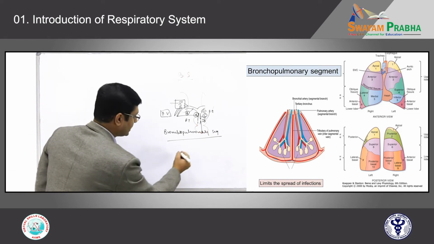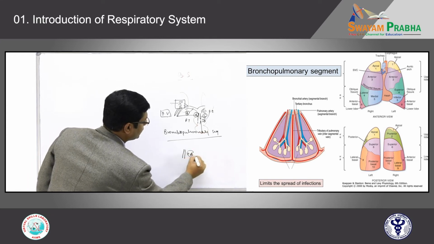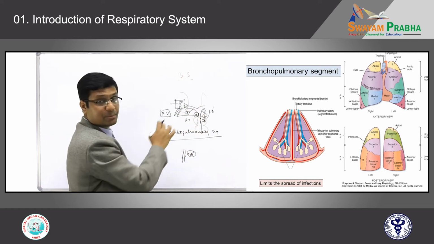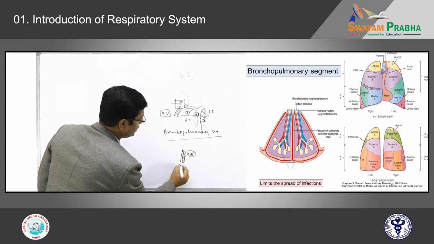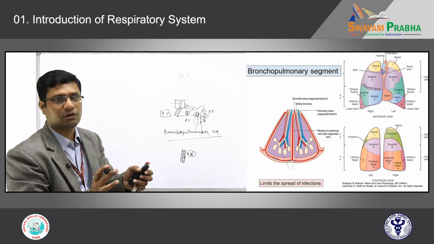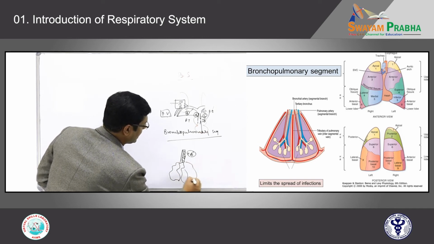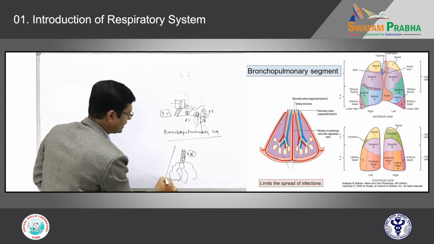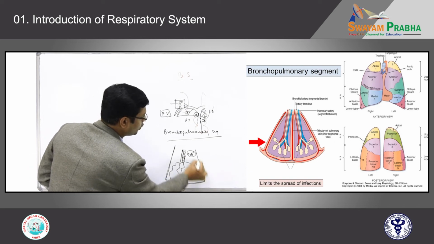In each lung and each lobe, a terminal bronchiole along with a branch of the pulmonary artery, this is the terminal bronchiole, will supply a certain group of respiratory units. So, this is one respiratory unit, and each terminal bronchus, after supplying here, is limited by a septa. It actually looks conical in shape.